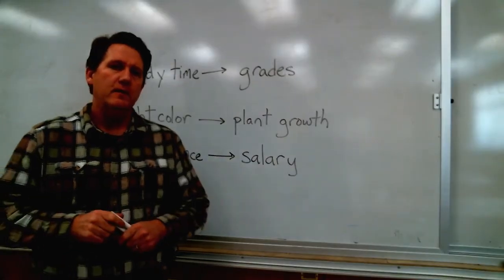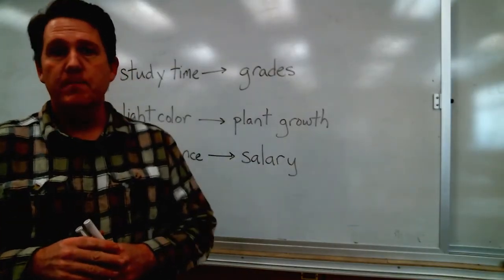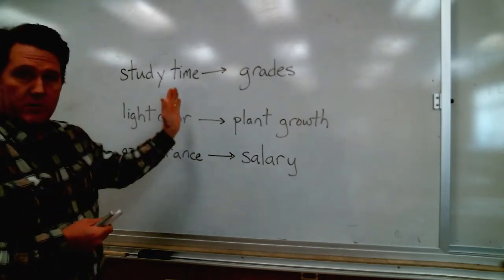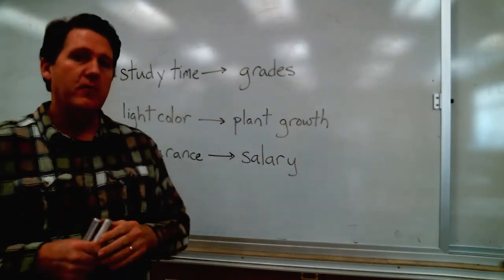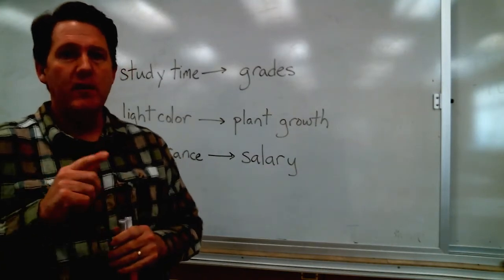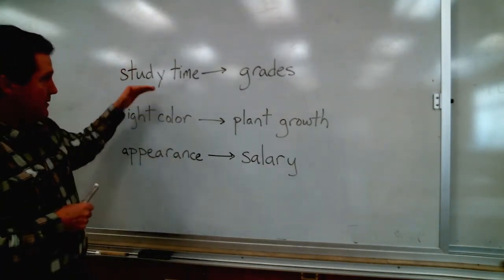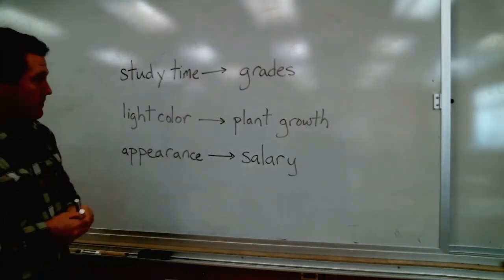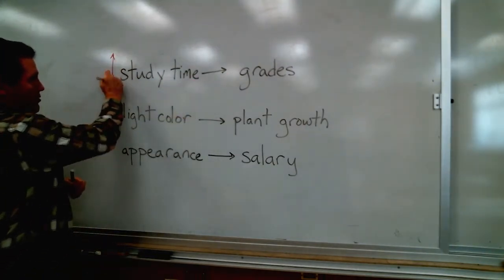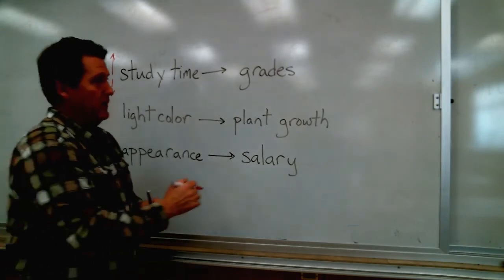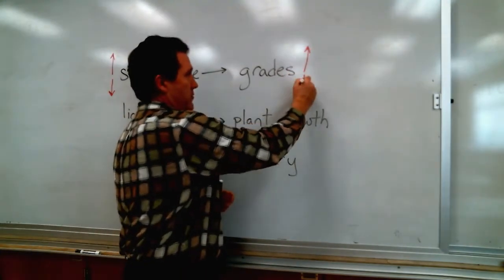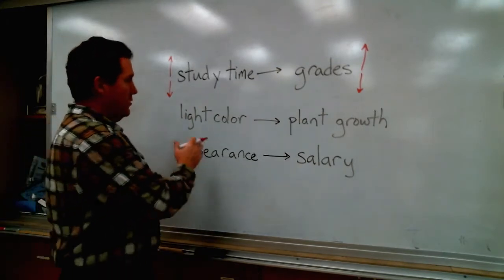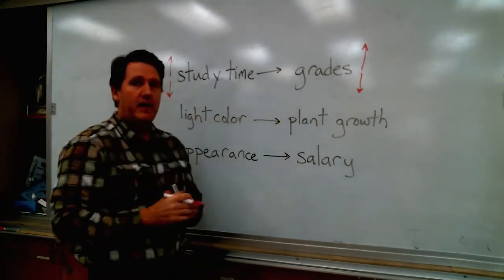Let's go back to that idea of cause and effect relationships. I've listed a few others out here. Remember, our cause always comes before the effect, and I want to talk about this now in terms of variables. So I think we talked about last time, study time, grades, both of these vary, right? You can study more or less, and that can cause your grades to go up or down. In a different example then, we could look at light color and plant growth.